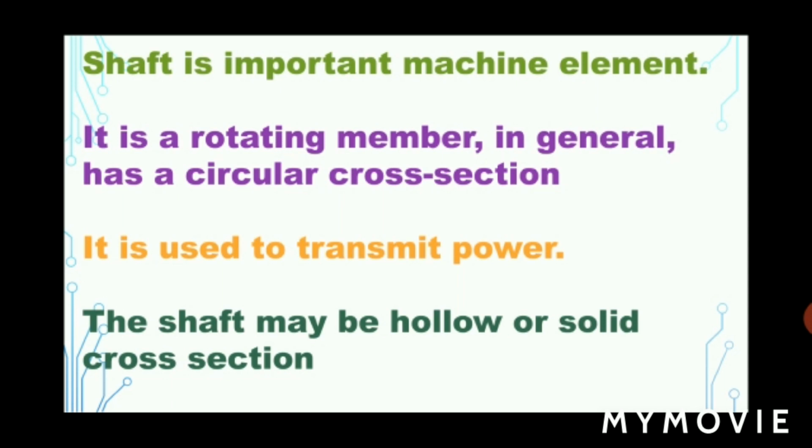In the earlier classes in strength of materials you already studied torsion, and you discussed what a hollow shaft and a solid shaft are, and the advantages of solid and hollow shafts. All these things you came across in strength of materials.